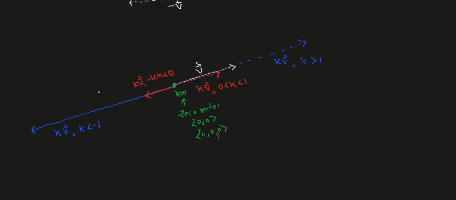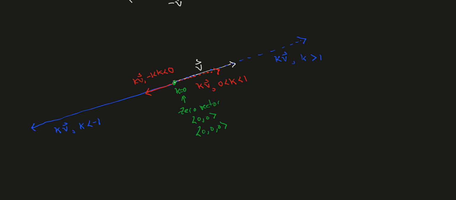Now, the interesting thing about these scalar multiples is that if I take all possible scalars, all positive, all negative, and 0, what do I get? I actually get a line, because it would extend indefinitely this way and indefinitely this way. Let me draw them now not along the same line, but separated.